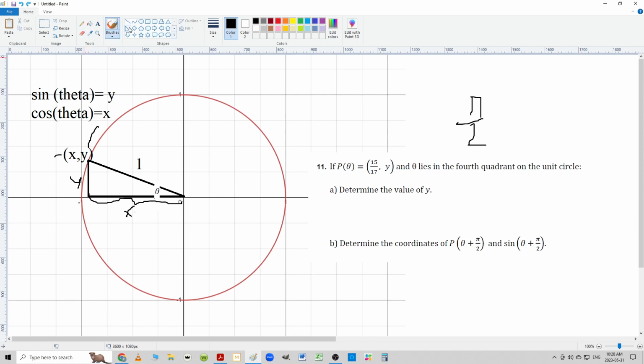Now if I take this same triangle and I rotate it 90 degrees, I add 90 degrees to theta, which is counterclockwise in the unit circle. I'm going to rotate it left 90 degrees, and I'm going to fit it on my unit circle. It's clear it still touches the unit circle on the perimeter, but it's also clear what used to be the y here is now the x here.